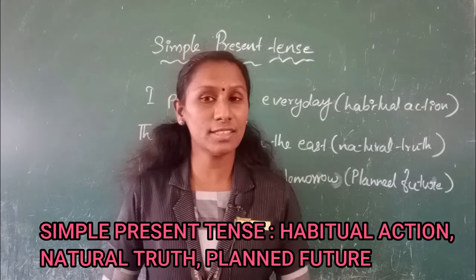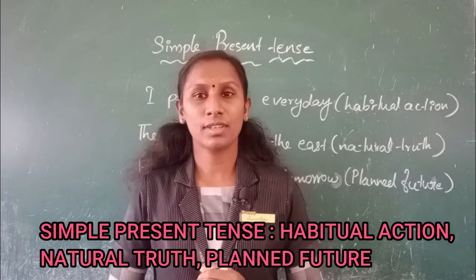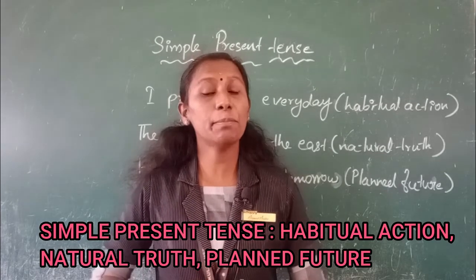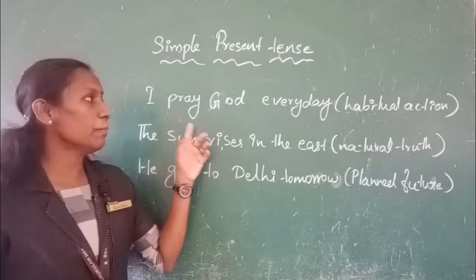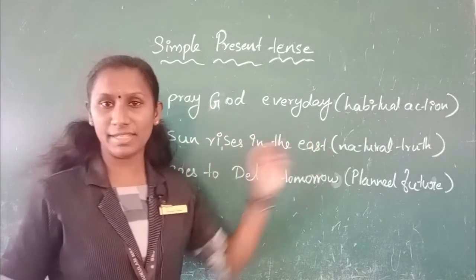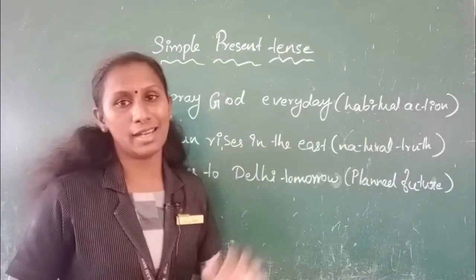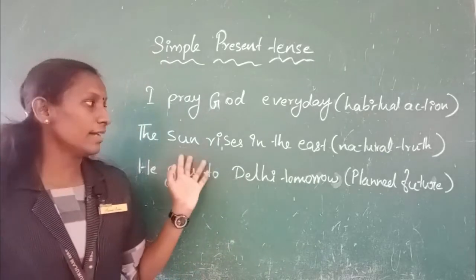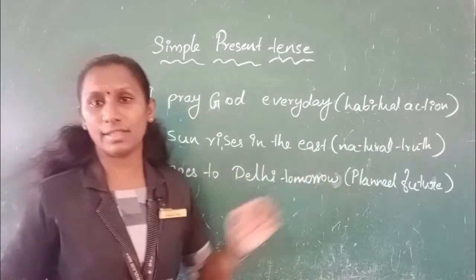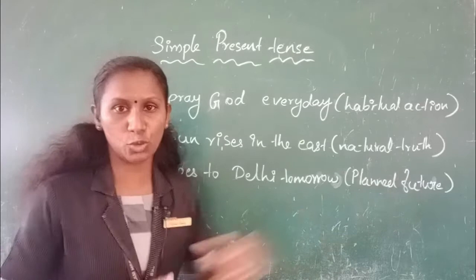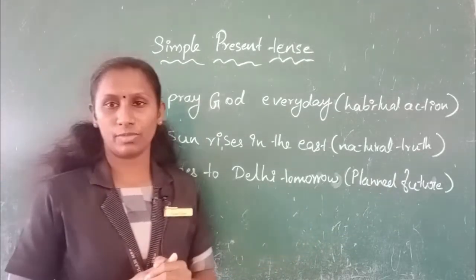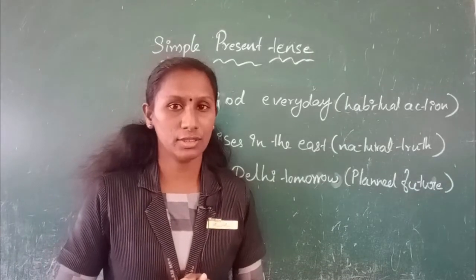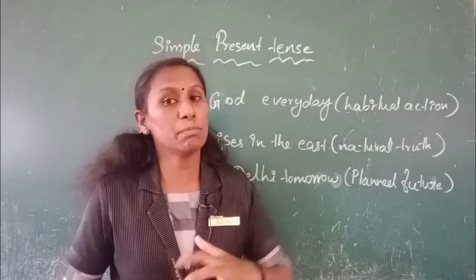Simple present tense denotes the habitual actions, natural truth, and planned future. For example, I pray God every day, which is a habitual action. The sun rises in the east, which is a natural truth, and he goes to Delhi tomorrow, which is a planned future because it has already been planned.